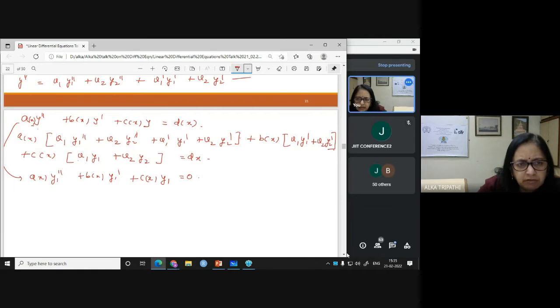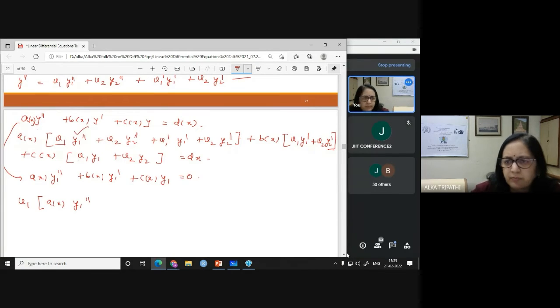Let me take v1 common. So v1, if I am taking common, I will get ax y1 double dash plus bx y1 dash plus cx y1. Similarly, take v2 common.